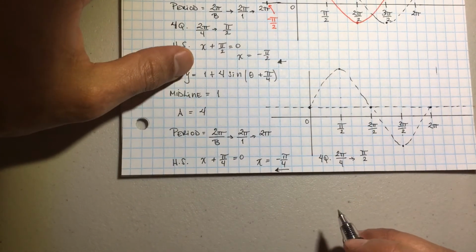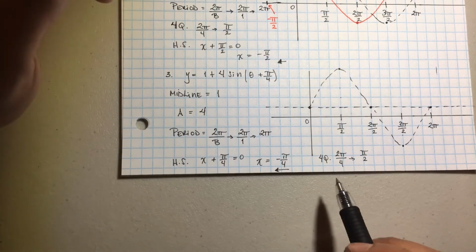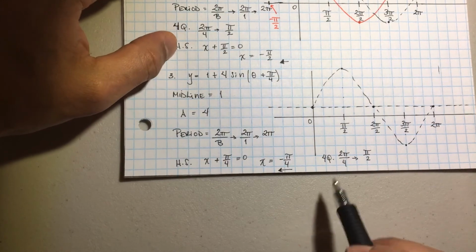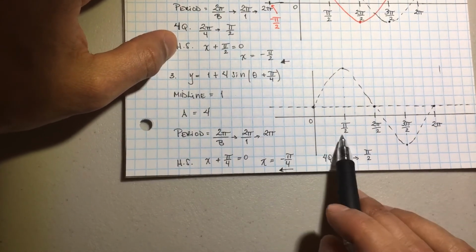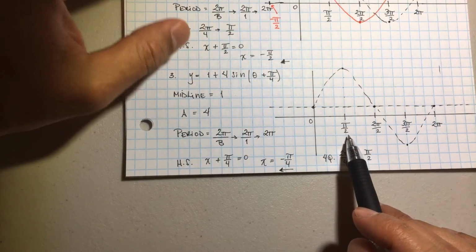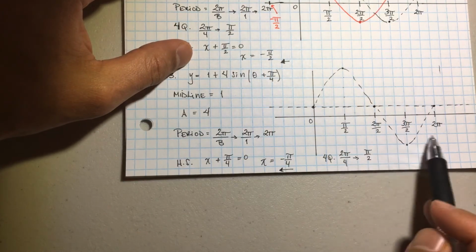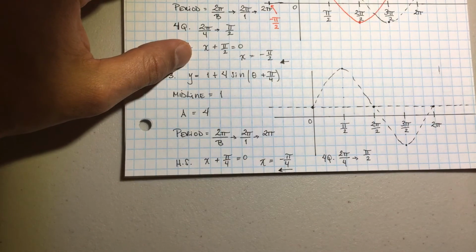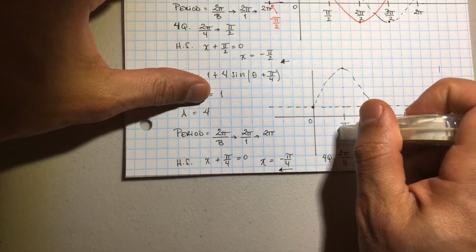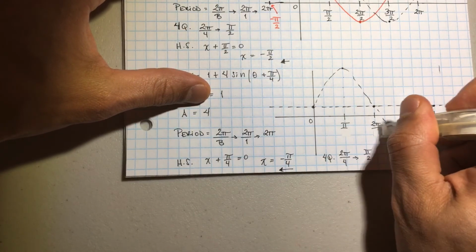Okay, cool. But wait a minute, how am I going to do that? Well, this is kind of hard, isn't it? Remember, this is pi over 4. This is pi over 2. How am I going to figure it out? Well, what you can do, guys, and this is important, you've got to change this to the same denominator. So remember, if I multiply the bottom and the top by 2, I'm going to get 2 pi over 4.